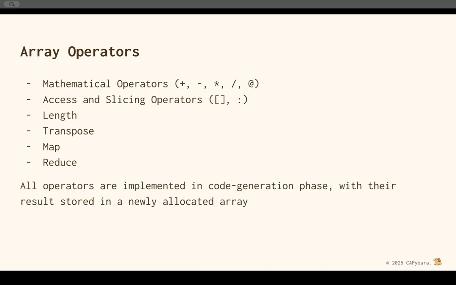We also support access and slicing operators, the length of an array, transposing a matrix, map, and reduce. These are all operators that are implemented in our code generation phase, and the results are stored in a newly allocated array, so the original arrays do not get changed.